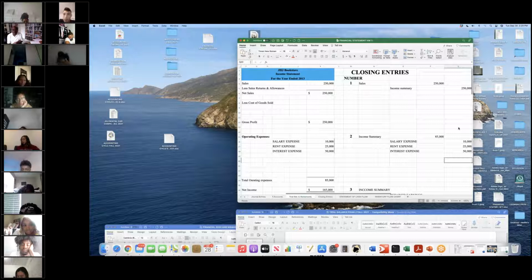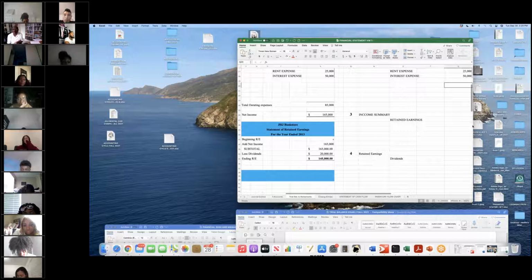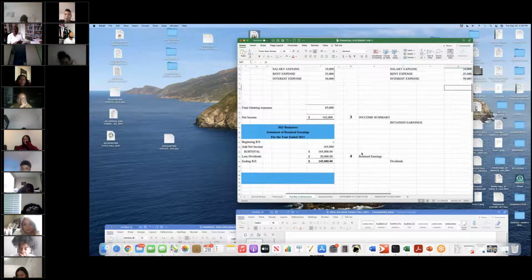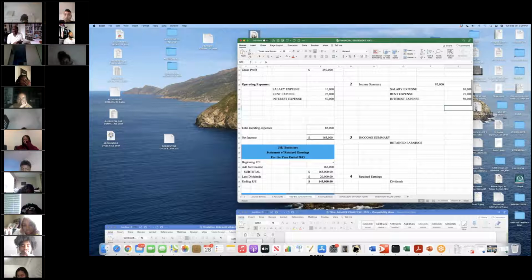So in closing entry 3, we said that's going to be what? Daniel? The income summary for 3 is 175,000. No, see, I put it right here by the net income.